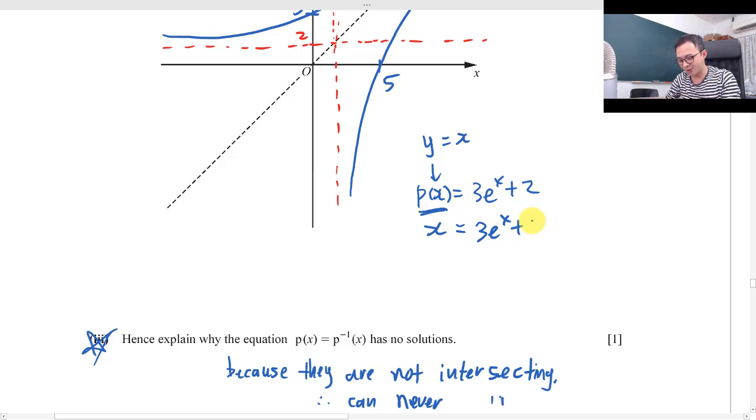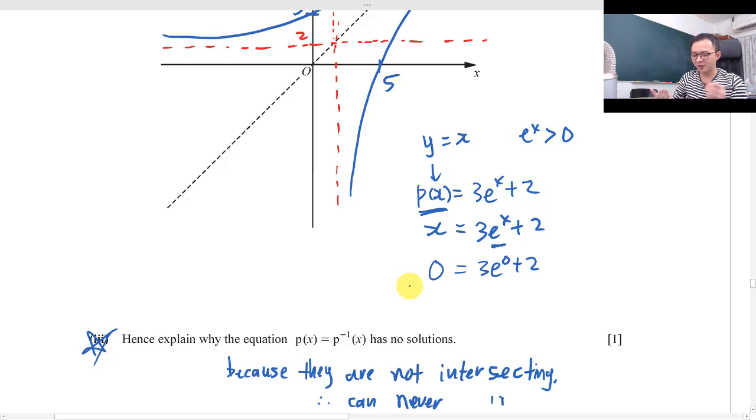So x equals 3e^x plus 2. Alright, now you will need to think something like this. For e^x, first thing, e^x cannot be negative. e^x can be very small, close to 0, but it cannot equal 0. There's no way e^x equals 0, so e^x must always be bigger than 0. So over here, you can try the x value. If I try x equals 0, the other side will get 3e^0 plus 2. So they are not equal, 5 is not equal to 0.